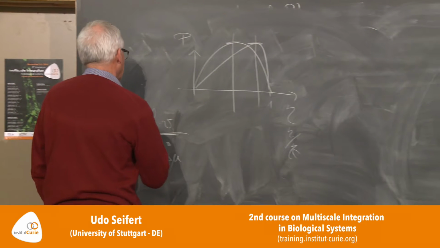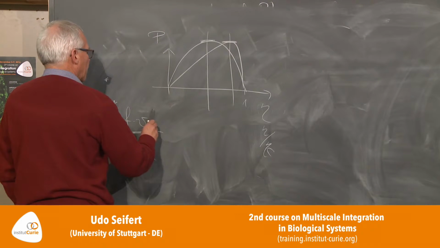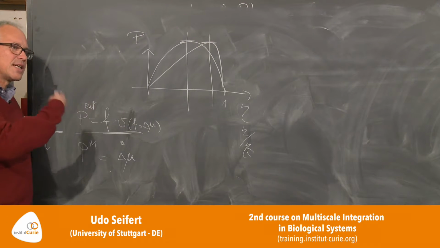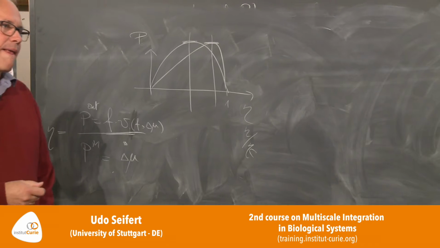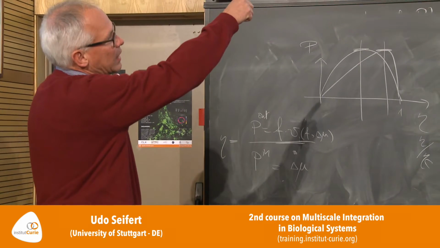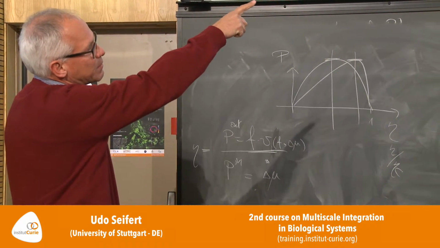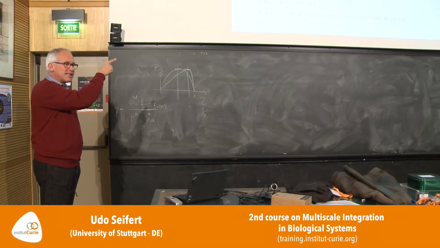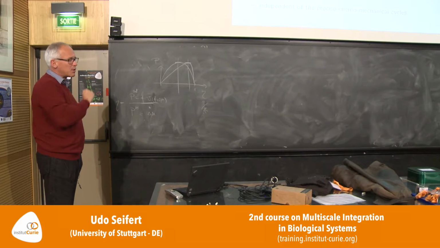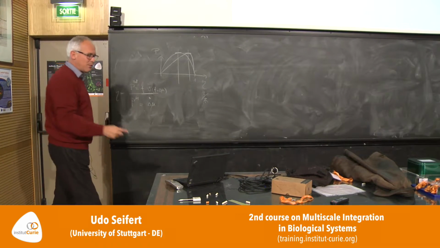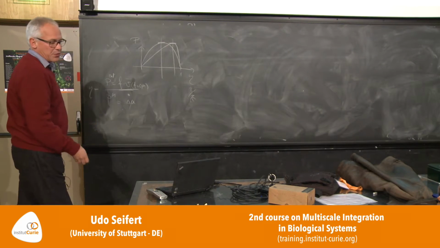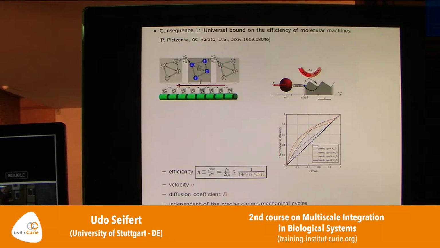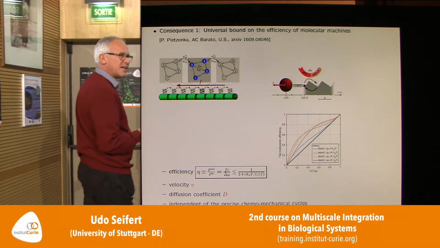But usually the problem, of course, is that V is a function of the force, and it's a function of the delta mu. So that's where all these nonlinearities come in. Here you get a simple line for the efficiency versus force because it's a unicyclic motor in our simple model. But the statement is that even if that motor was not unicyclic, and even if you didn't know the precise wiring and all the mechanochemical cycles, this relation is universal.